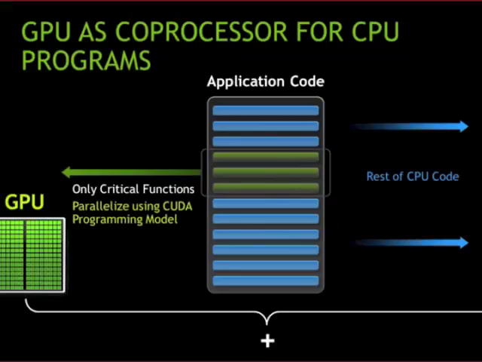While looking at this graph, the CPU code denoted here is not necessarily single-threaded. It could be multi-threaded. And we try to put critical functions on the GPU that are actually apt for GPU acceleration, only as a coprocessor.